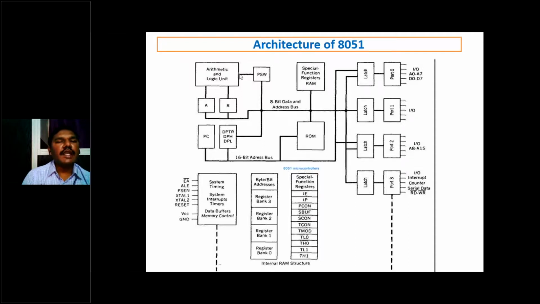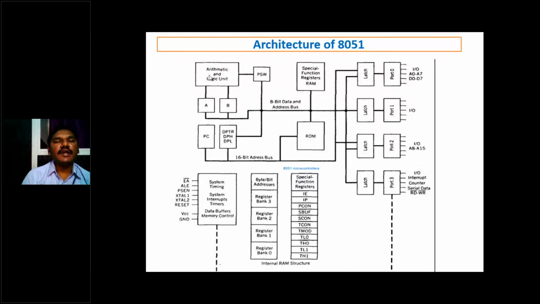And for this ALU, where do the instructions come from? The instructions come from the ROM, because ROM stands for read-only memory. It is permanent storage memory. It stores instructions or user data on the chip itself, as programming. That is called operating system or firmware programming.